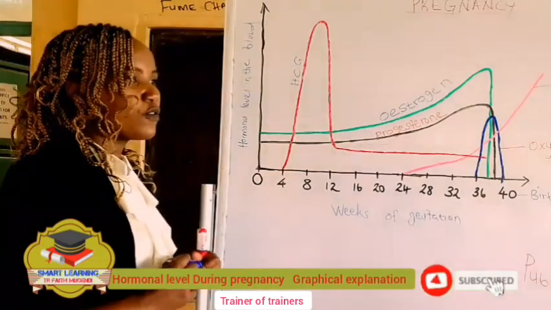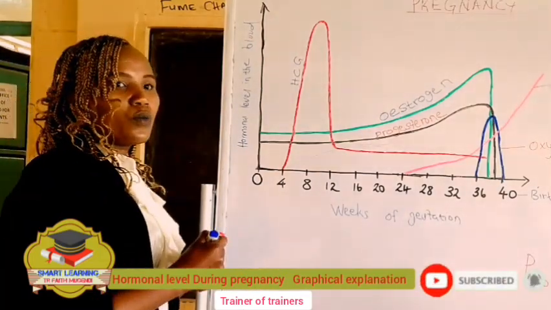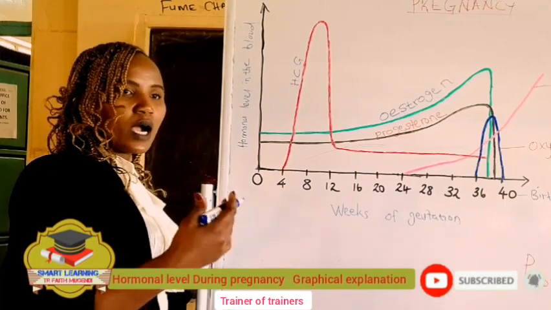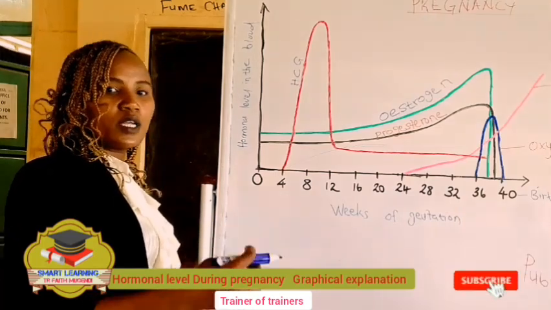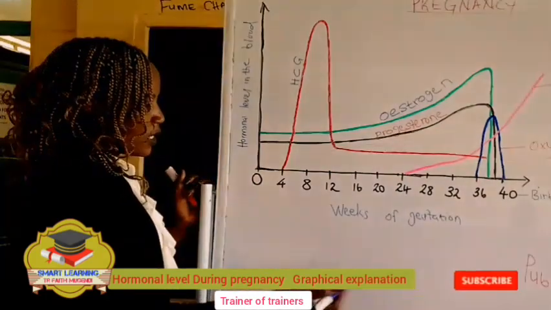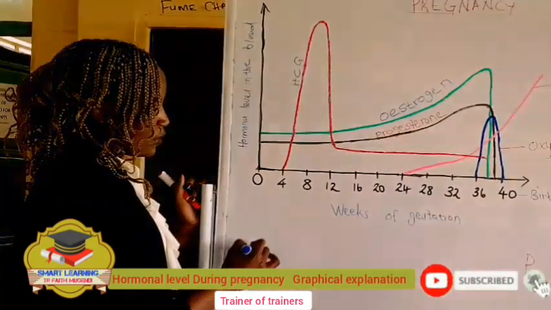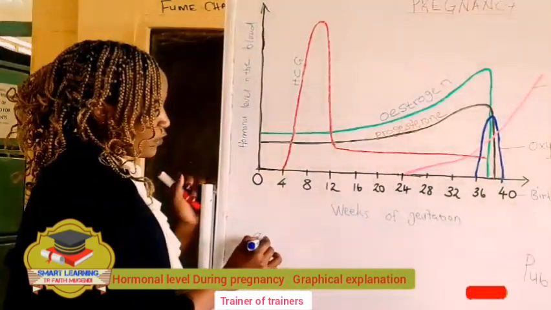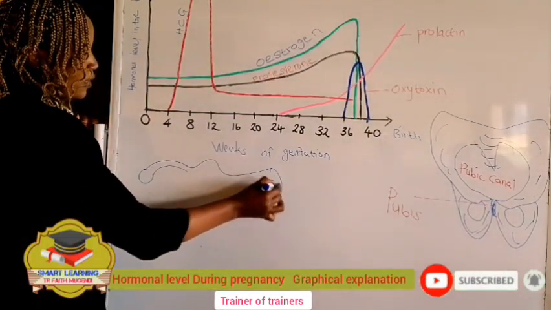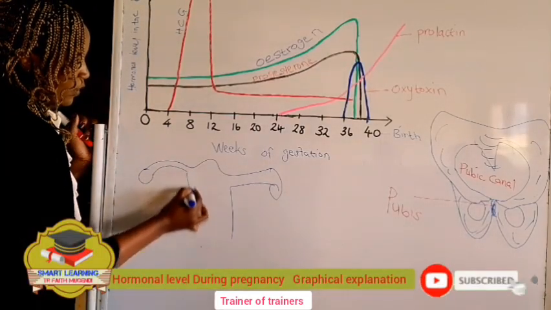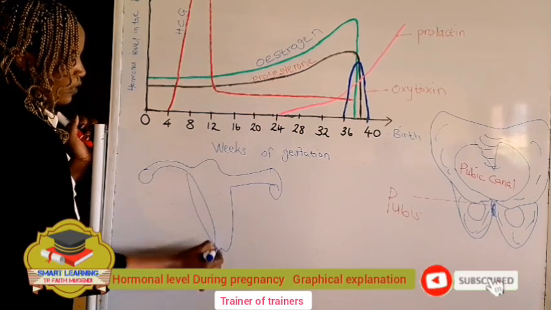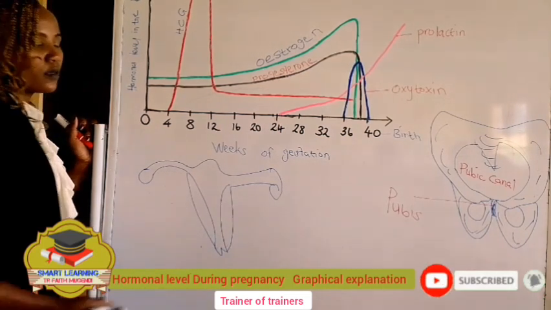When we talk of the placenta, we talk of that growth that occurs from the chorionic membrane that burrows into the uterus. Suppose this is the oviduct and this is the uterus, and we have the cervix there, these are the walls of the uterus, alright?